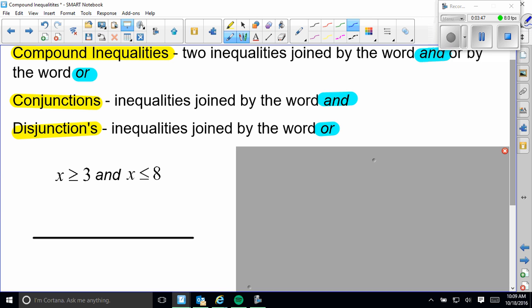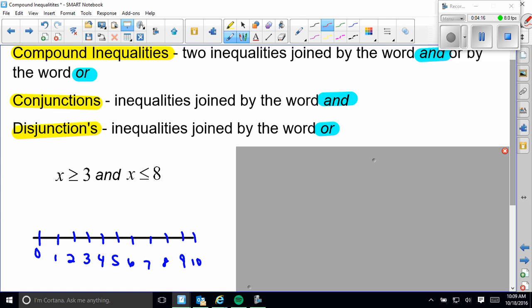What we remember from the last lesson is that since these are greater than or equal to and less than or equal to, they include that value, so we represent that with a closed circle. Now that we have our values, we're going to graph.